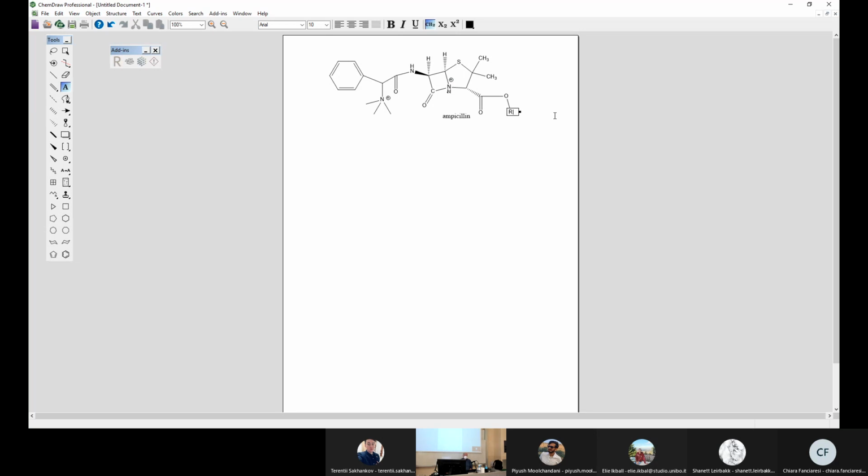After that, the esterases, ubiquitous enzymes present in the whole body, can hydrolyze this ester function and can release again the free ampicillin.